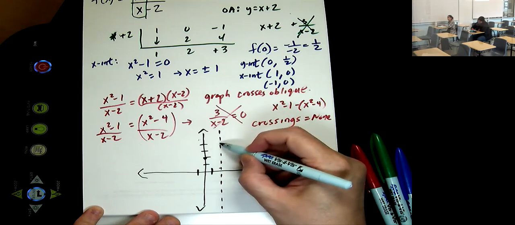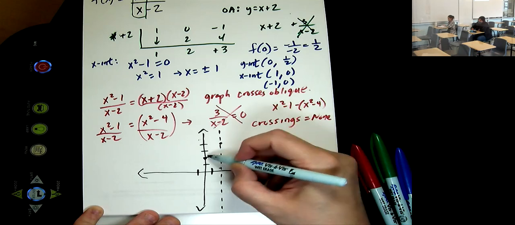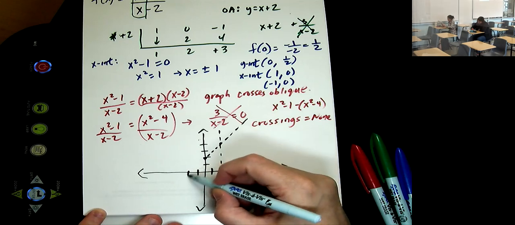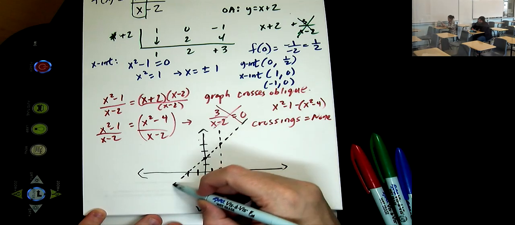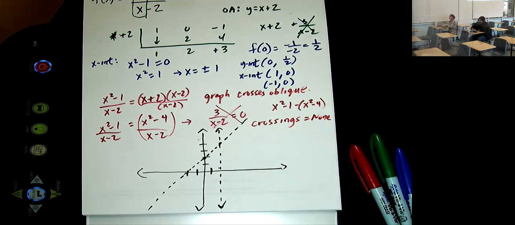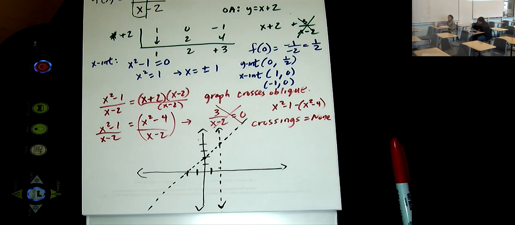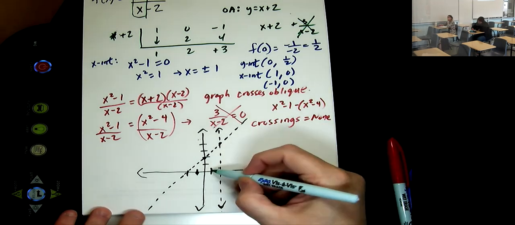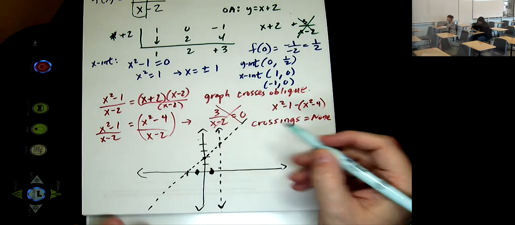We have an oblique asymptote along x plus 2. And we have some intercepts: -1, 0, 1, 0, and 0, 1/2.